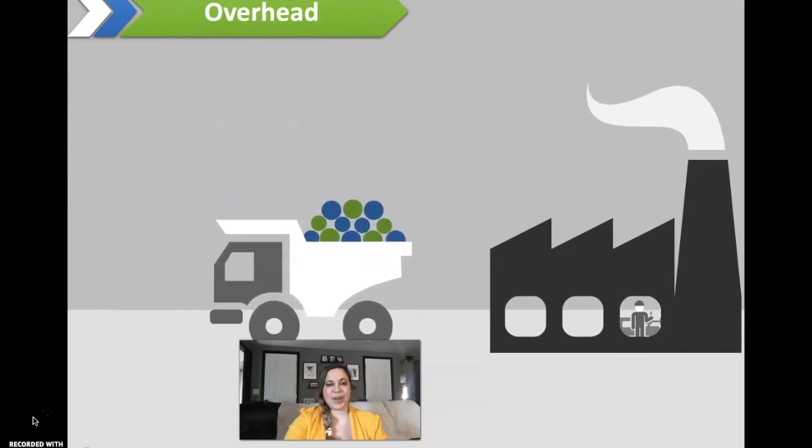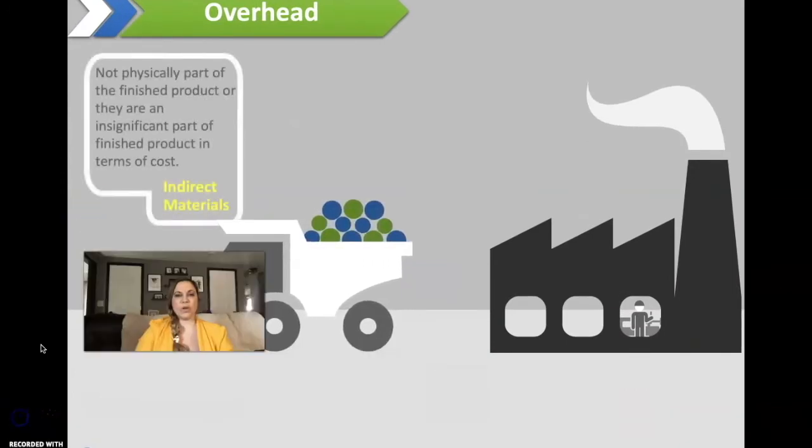Okay, so next we're going to be talking about overhead. Overhead is basically like a default category for everything else. So if something is not direct labor and not direct material, it's going to go into the overhead. And remember, this is called factory overhead or manufacturing overhead. So the first item would be indirect materials can go in here. So these are materials that maybe don't end up in the finished product.